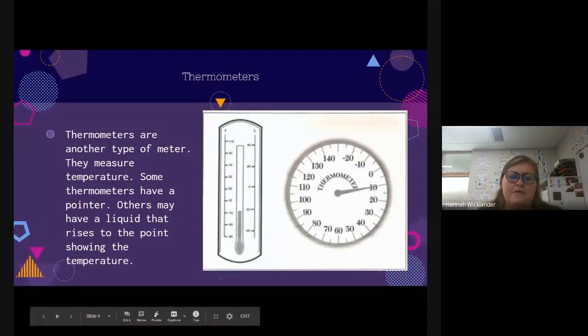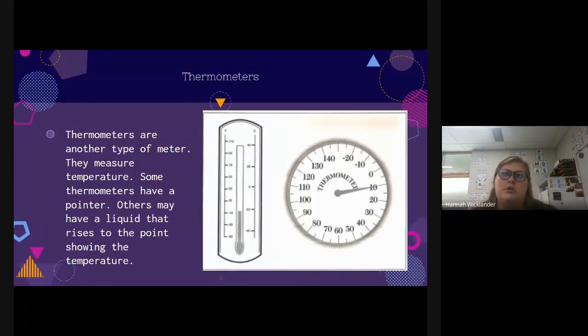Next up, we have thermometers. Thermometers are another type of meter. They measure temperature. So you can use a thermometer to measure the temperature of yourself, the temperature outside, the temperature in your car, the temperature of your engine, the temperature of a body of water, a meat thermometer, a food thermometer.